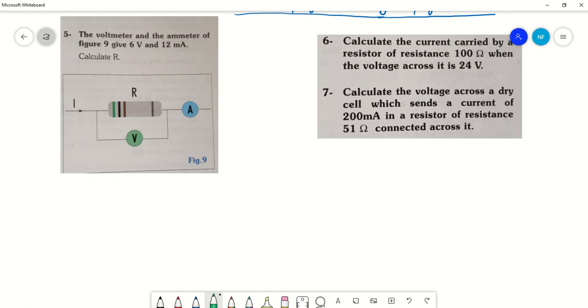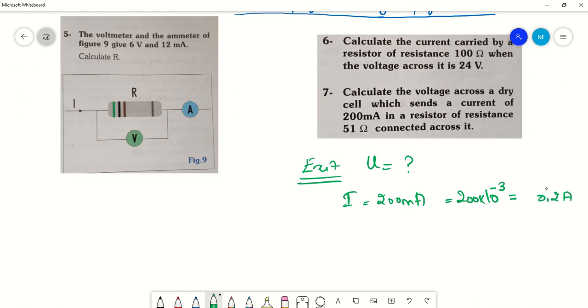Now regarding exercise 7, calculate the voltage across a dry cell. We are asked to calculate the voltage which sends a current of 200 milliampere. Of course, milliampere is not the SI unit of current. I have to multiply by 10 to the power minus 3, so it will be equal to 0.2 ampere. Then in a resistor of resistance 51 ohm, the resistance given is 51 ohm.